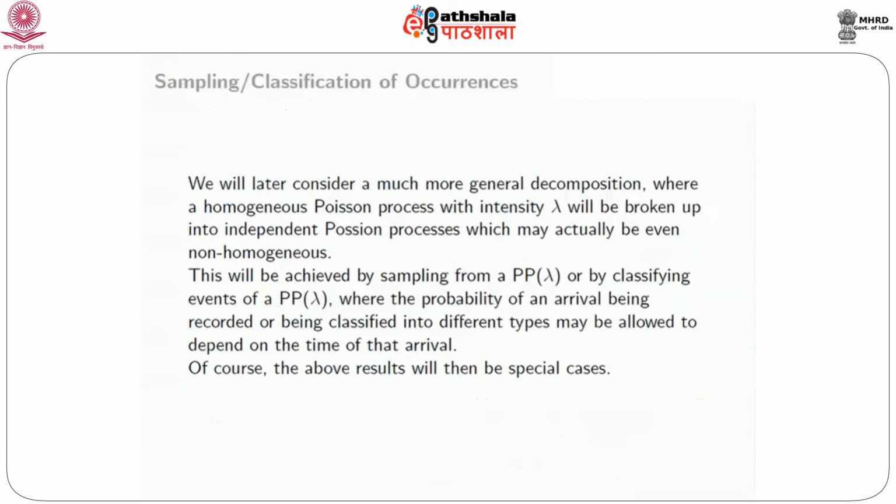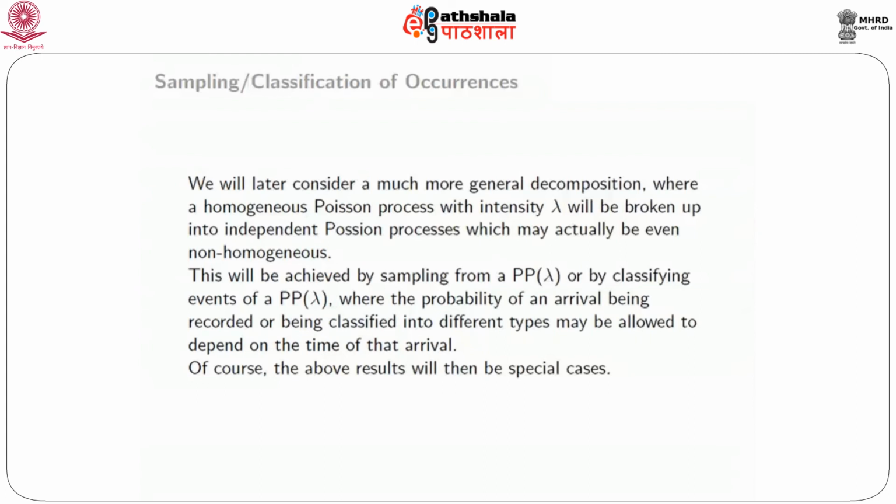We will later consider a much more general decomposition, which is why it's not proved here, where a homogeneous Poisson process with intensity lambda will be broken up into independent Poisson processes which may even be non-homogeneous. So here, a homogeneous Poisson process is broken up into two or k many independent processes which are shown to be independent homogeneous Poisson processes.